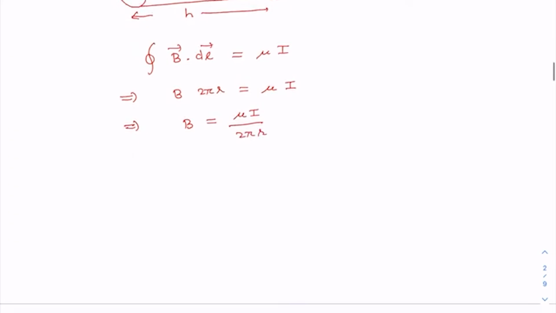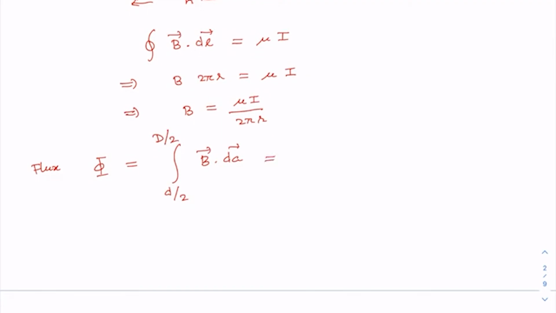And now what about the flux through this imaginary Amperean loop? The flux phi is integral B dot dA, and you have to go from the inner cylinder to the outer cylinder. So it is small d by 2 to capital D by 2.